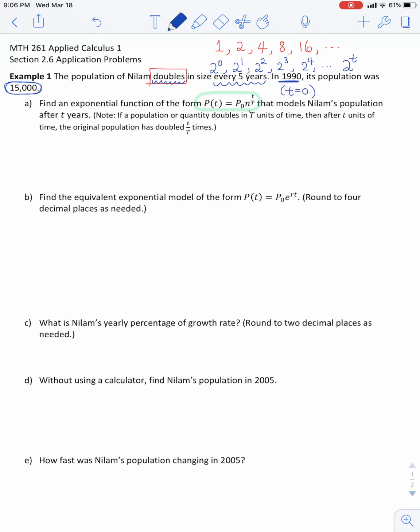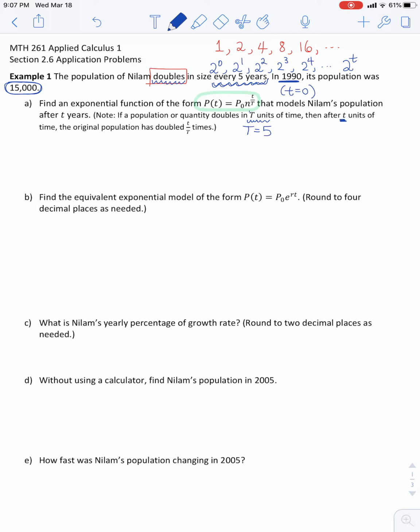That models Neelam's population after t years. And I gave you a little note here: if a population or quantity doubles in big T units of time, and we know what this big T is. Big T is 5, and how do we know that? Because they said it's doubling every 5 years. So our big T is 5 years.